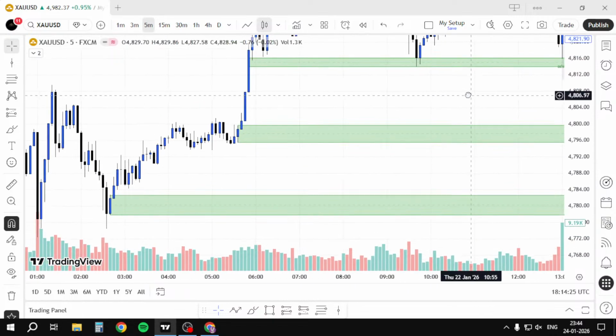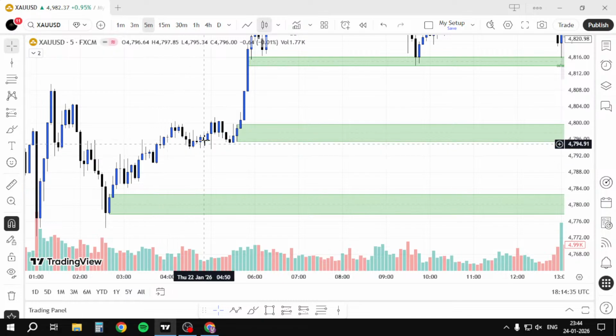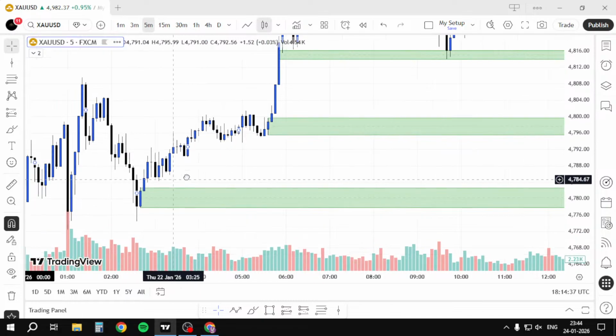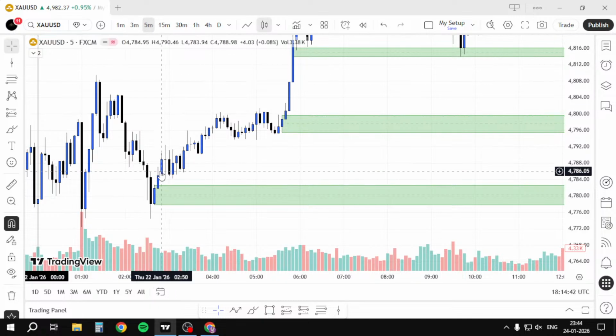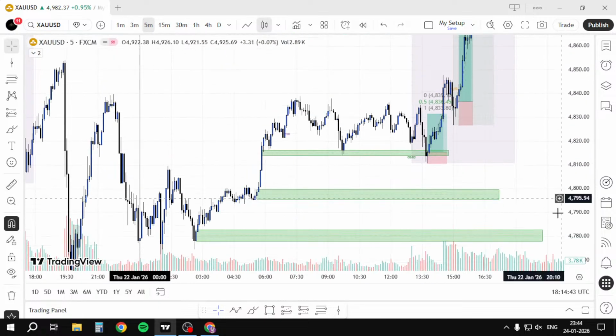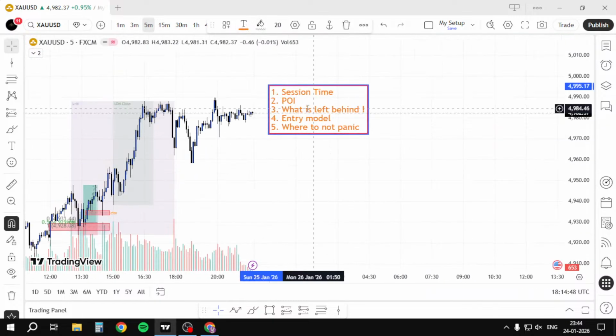Now see, if you shift to the 1 minute time frame, you will see all FVGs are filled, but this one is not filled. I am on the 5 minute time frame. Wait, I just forgot to set the time frame. Everything will be on the 5 minute time frame.